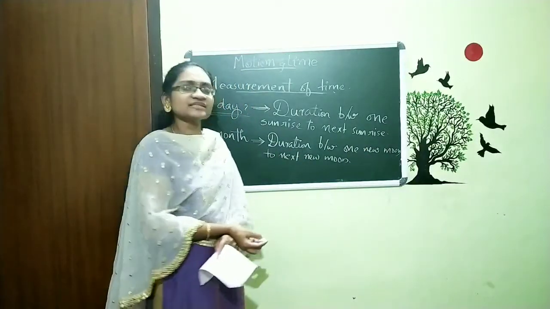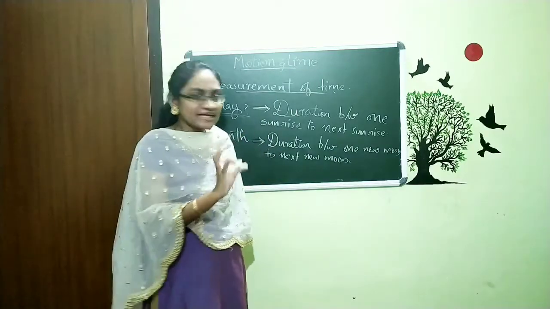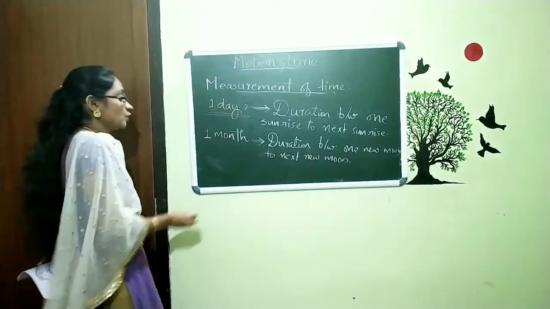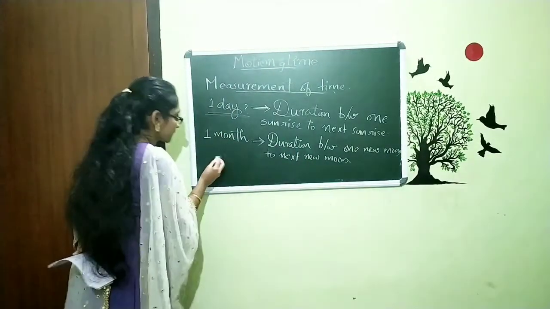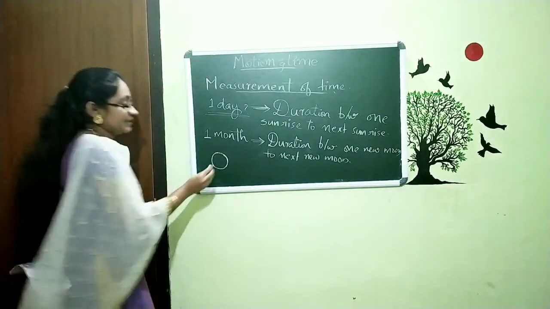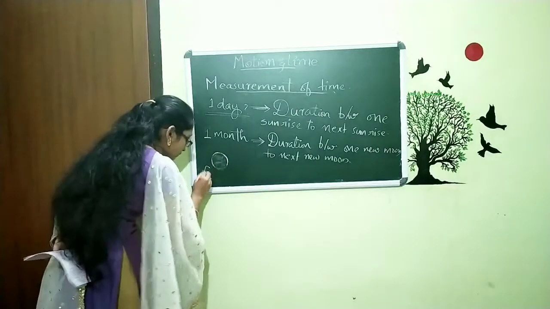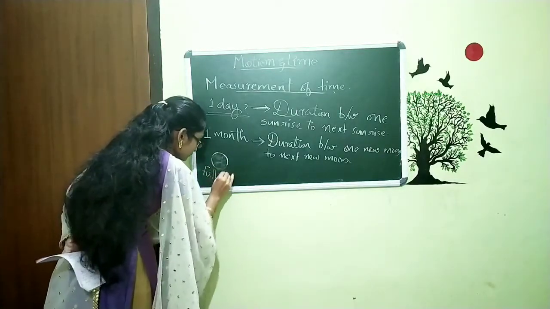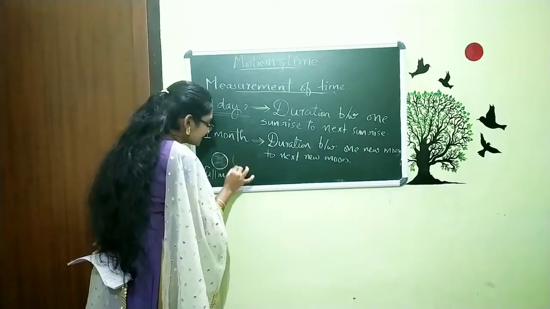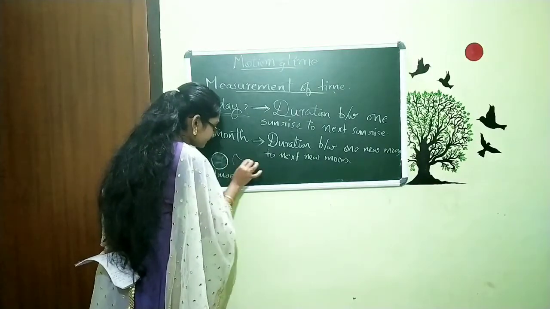Now the question is, what is new moon? According to the size of the moon, there are different names for the moon. I will tell you what this new moon is. When the moon is in full shape or in full disk, we call this full moon. And as the days pass, it will change its shape.